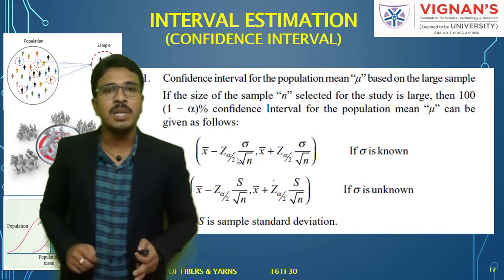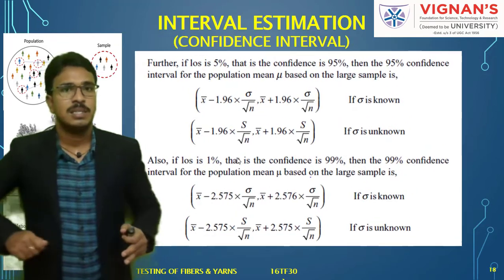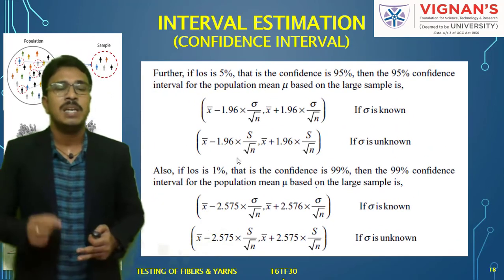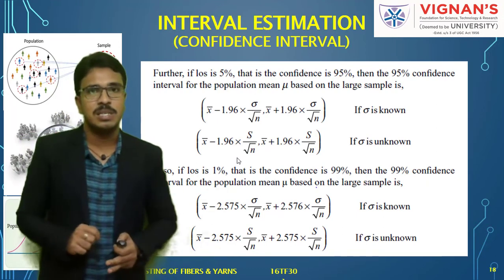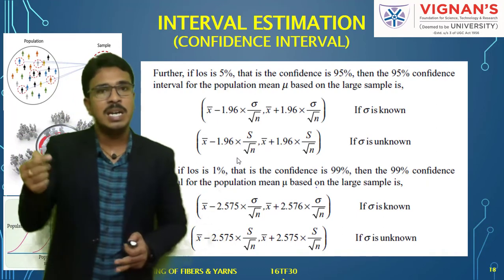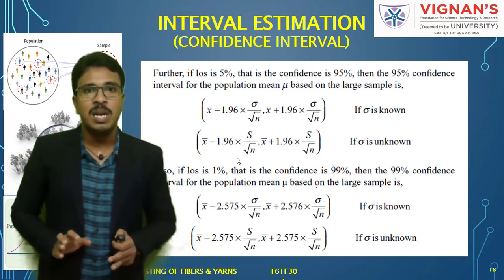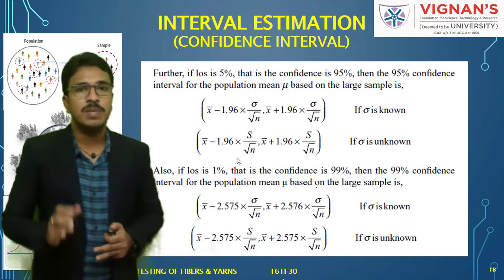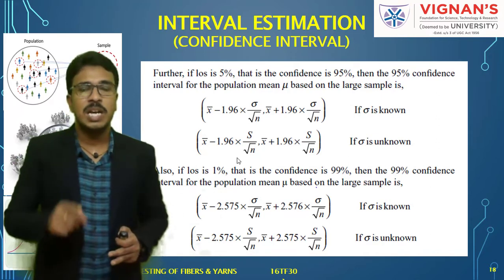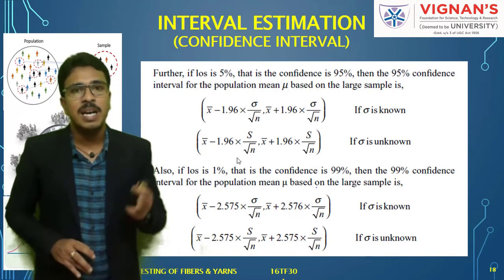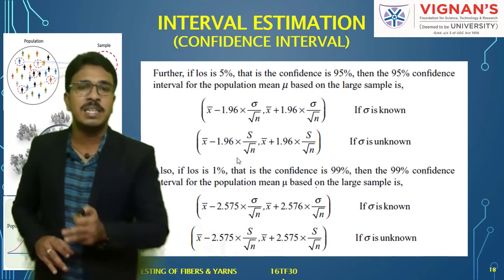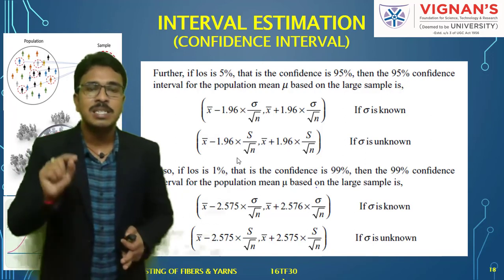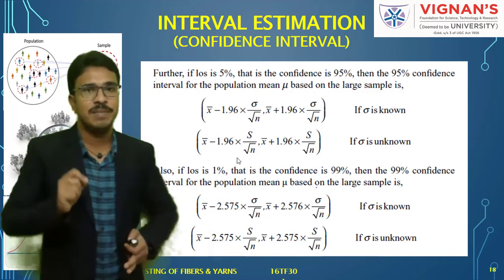Now, as we said in previous slides also, if the level of significance is 5%, then the confidence interval is 95%. At 95% confidence interval, z alpha by 2 value is 1.96. That's why in the first formula you can see x bar minus 1.96 into sigma by root n. What is sigma here? Sigma is nothing but population standard deviation.